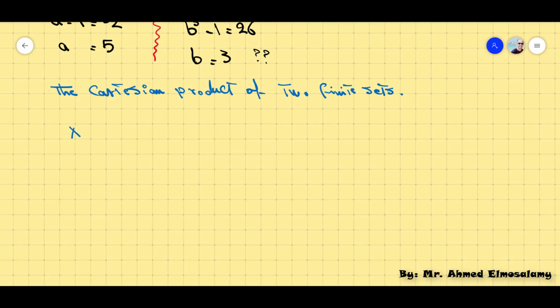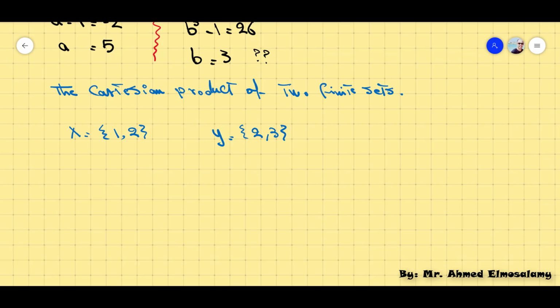If I have the first set x equals 1 and 2, and another set y equals 2 and 3, I want to find the product between x and y.